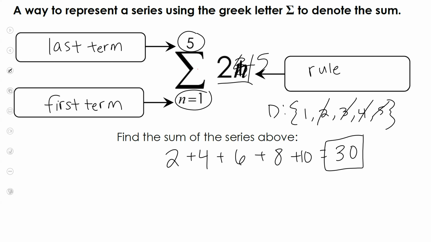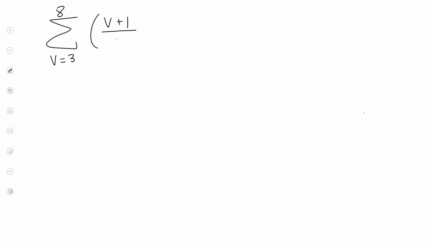Okay, so now let's look at an example using a summation symbol. So let's do this example here. So guys, looking at this means for my domain, I'm going to plug in first a 3.